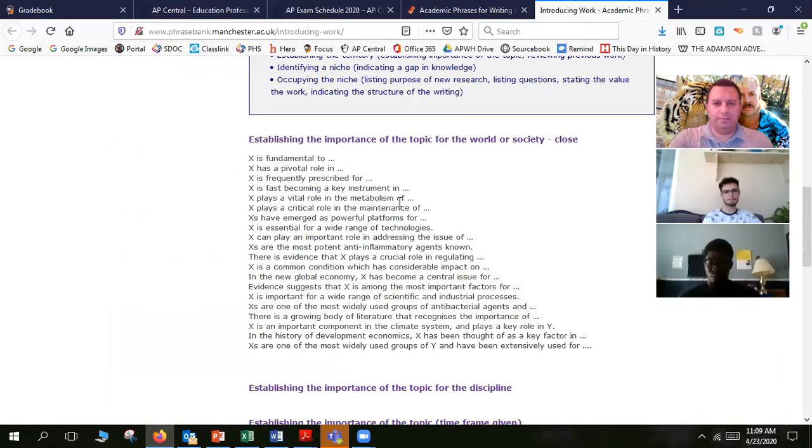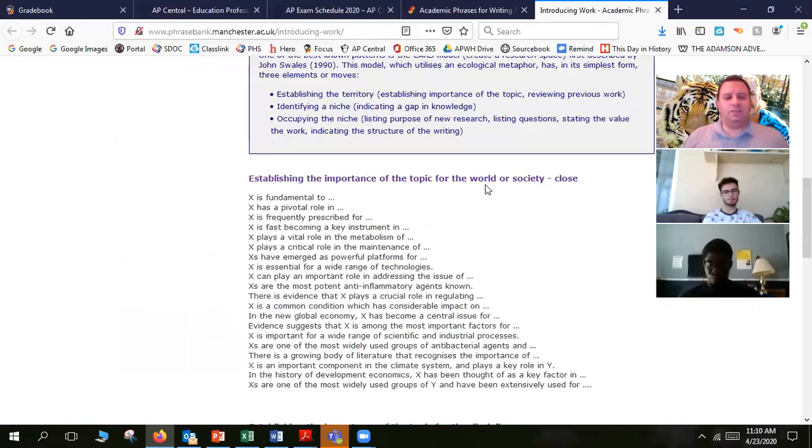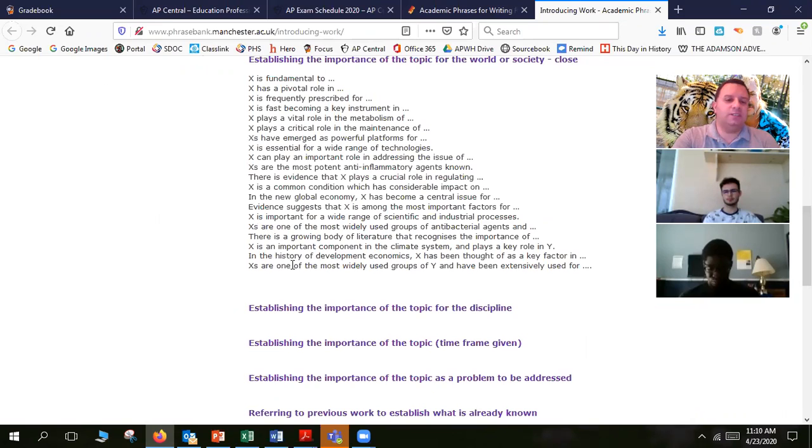The second one, okay, I like this one too, okay, because this one's a little bit longer and it gives you topics that I think are very much related to your writing. So if you want to explain why your topic is important for society, which is something that most of you are doing, okay, here's a whole list of phrases to introduce that.